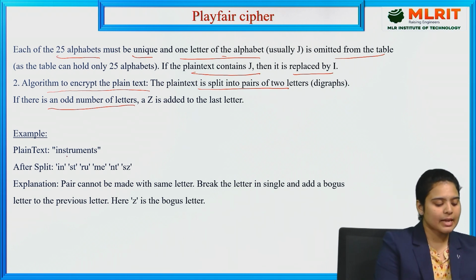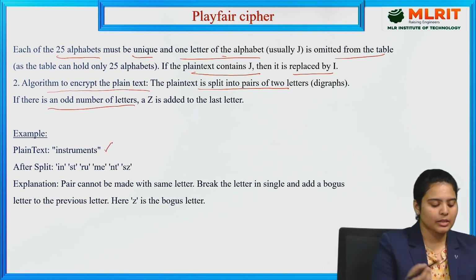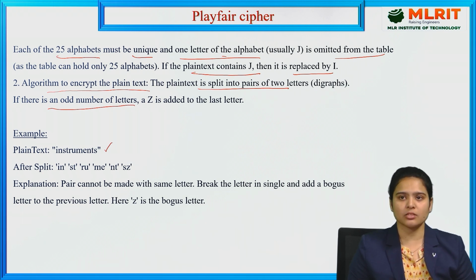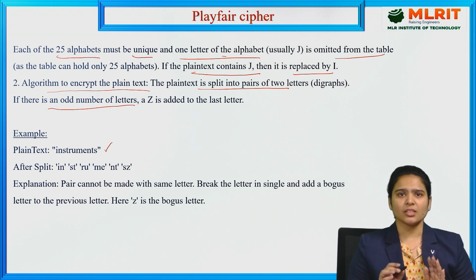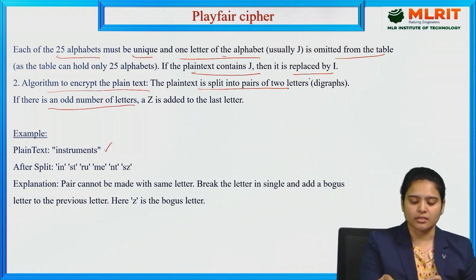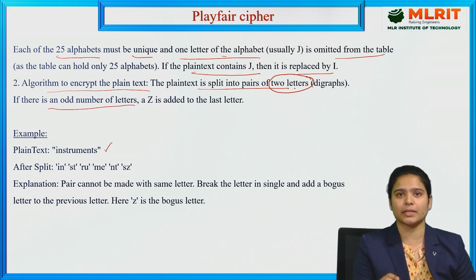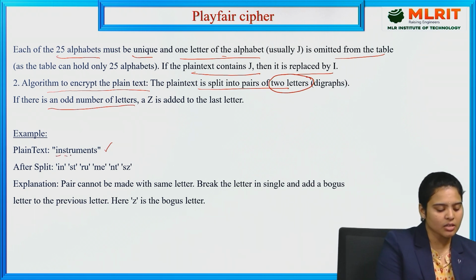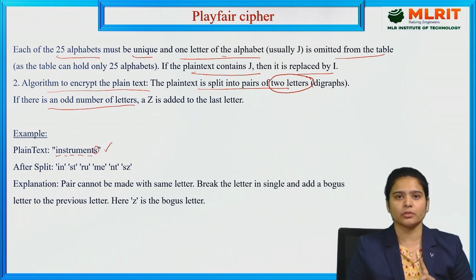So see the example here, the plain text, for example, "instruments". In the starting stage we have taken the plain text. We need to split it into 2 letters. As I already told you, we split them into 2 letters: IN, ST, RU, ME and NT, S. So S remains as 1 letter.